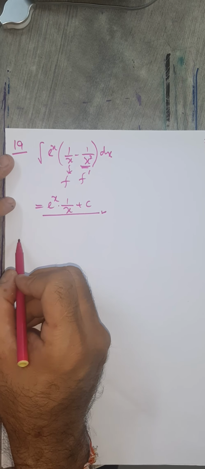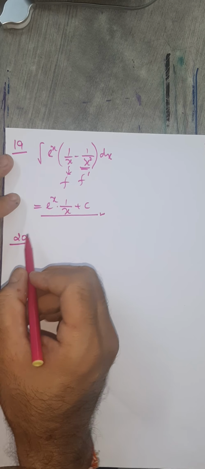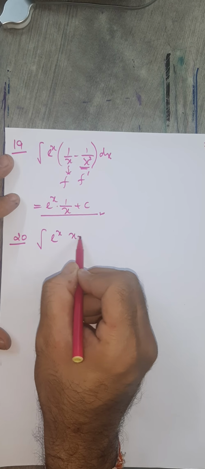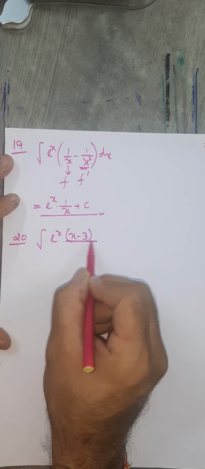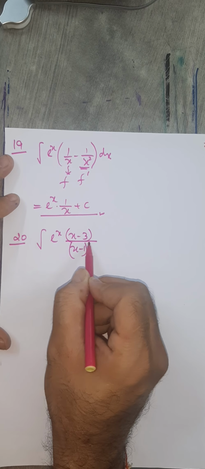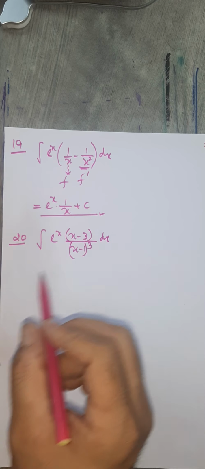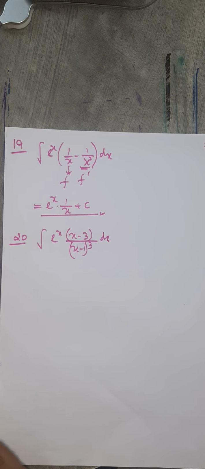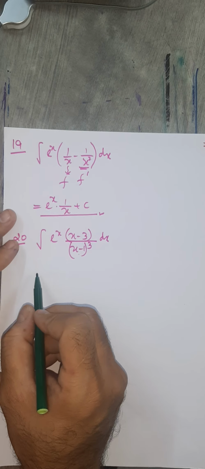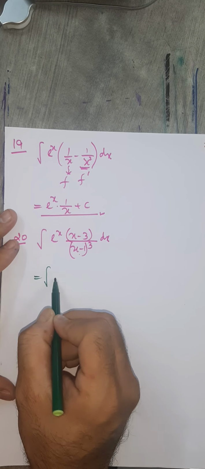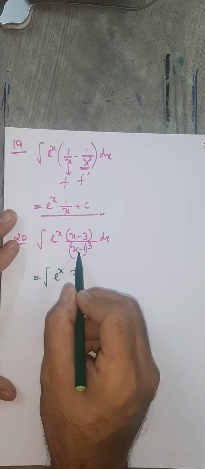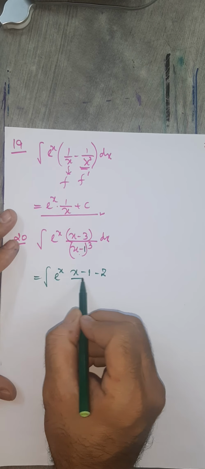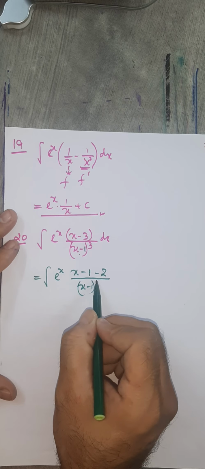Okay. Question number 20 here, that is the integral of e raised to x, I'll write first, (x minus 3) upon (x minus 1) the whole cube. So what we do, as I explained earlier, we set this expression over there. So here e raised to x, I'll write (x minus 1 minus 2), I'm just setting over there, upon (x minus 1) the whole cube.